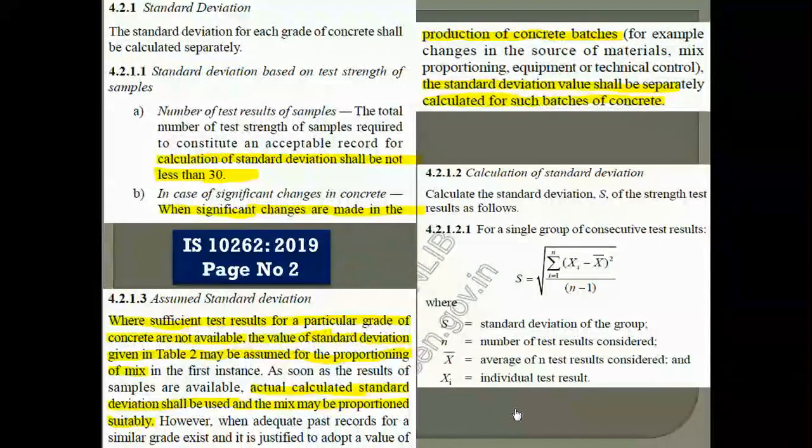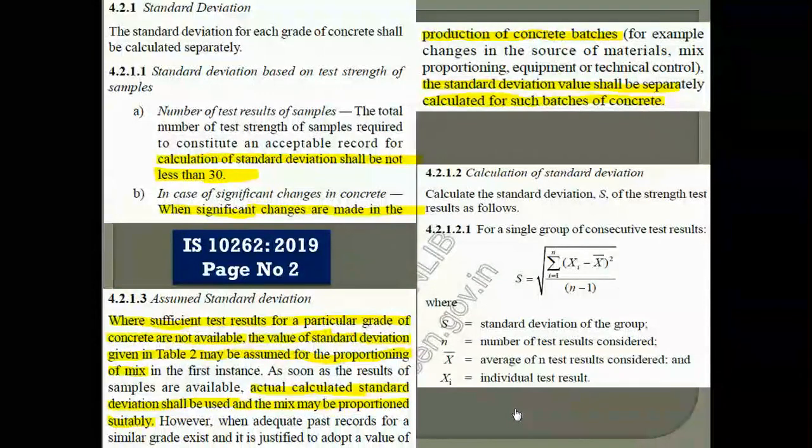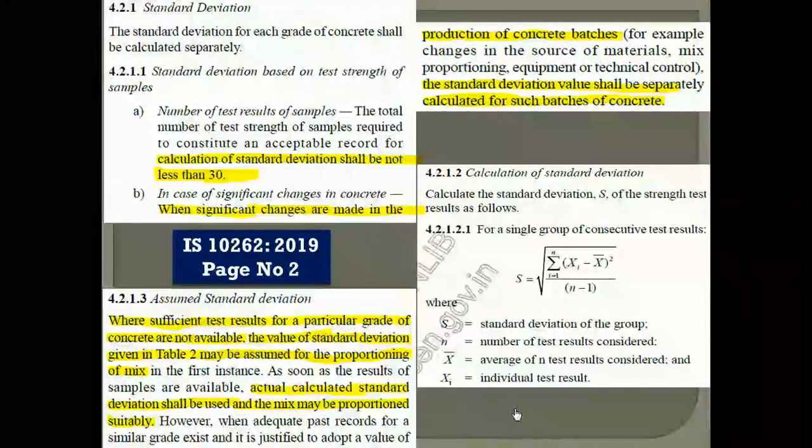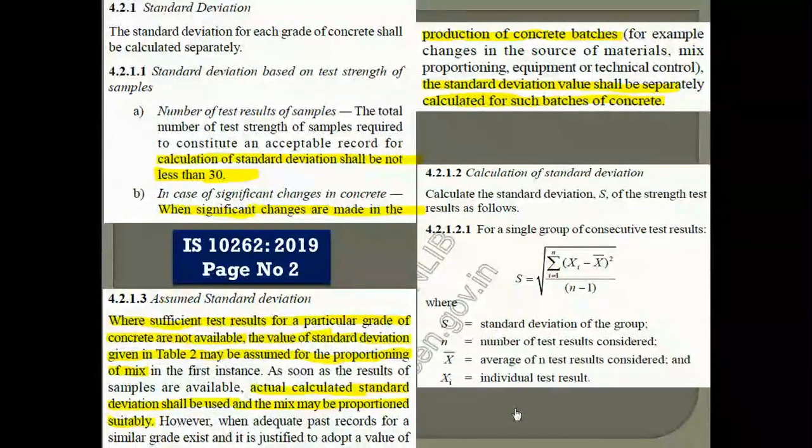If you don't have the assumed deviation, because we can't always rely on the assumed standard deviation, then to find the standard deviation we should know the compressive strength of each sample. At least we require 30 samples, that means we should have 30 cube samples, then only can we find this standard deviation.